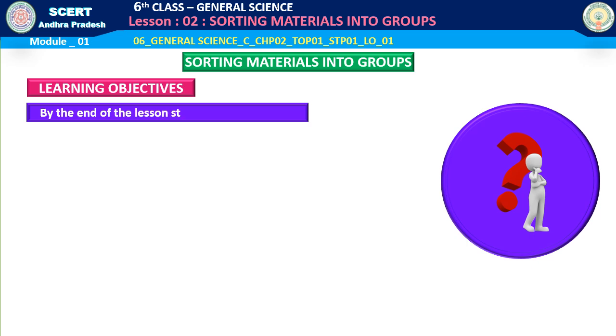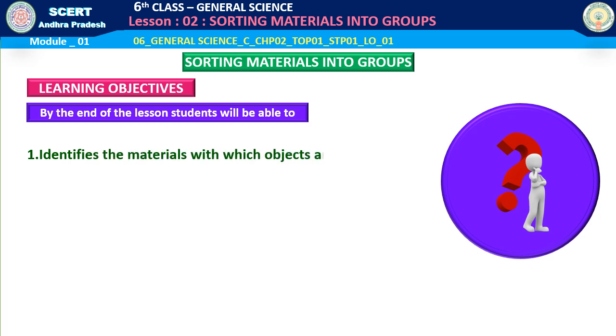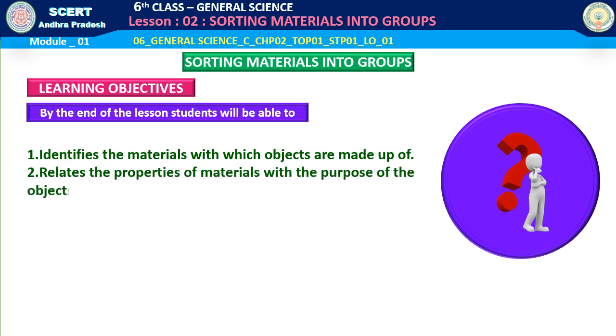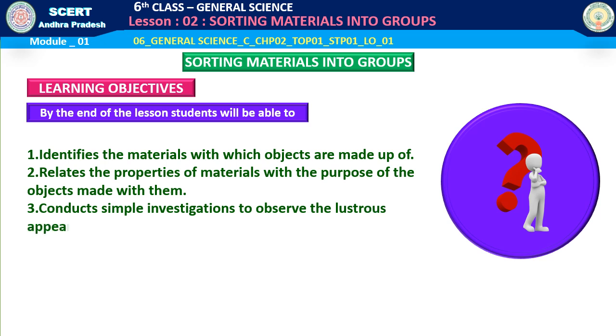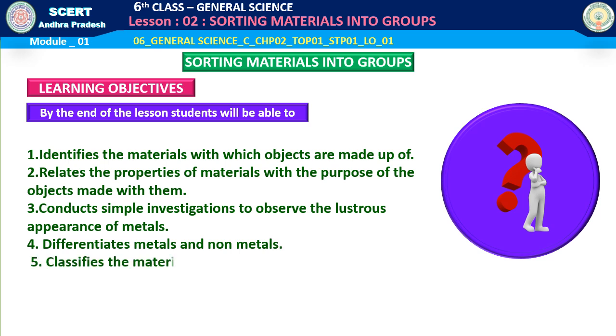By the end of this lesson, students will be able to identify the materials with which objects are made, relate the properties of materials with the purpose of the objects made with them, conduct simple investigations to observe the lustrous appearance of metals, differentiate metals and non-metals, and classify the materials based on their appearance and hardness.